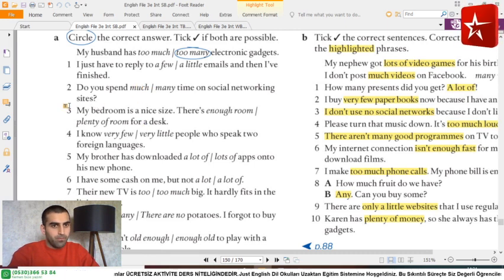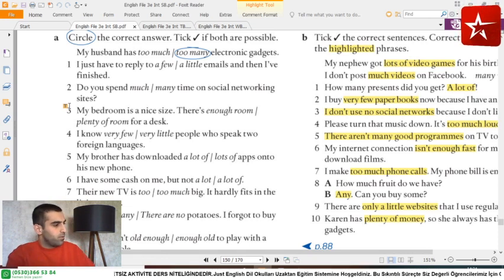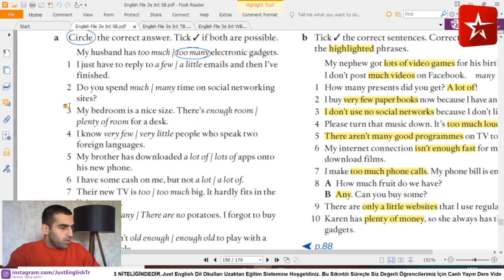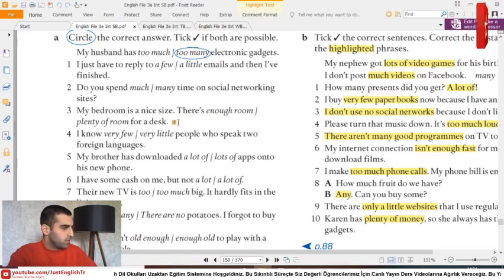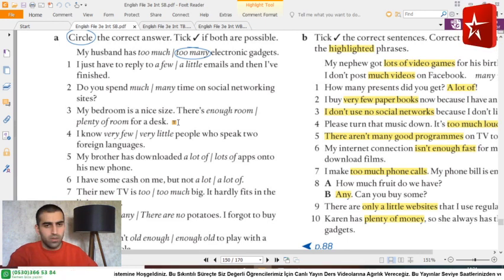So, number three. Which one? Let me check your comments. Enough room or plenty of room? Okay, let me wait for your answers.